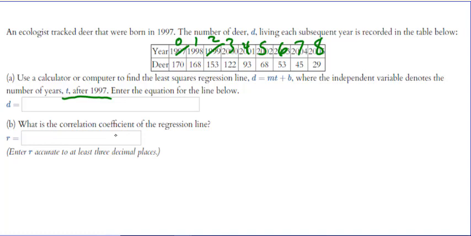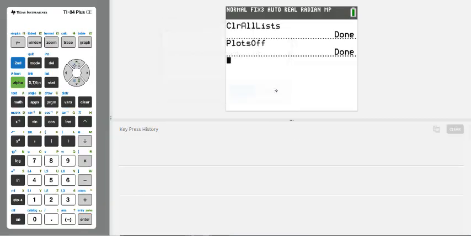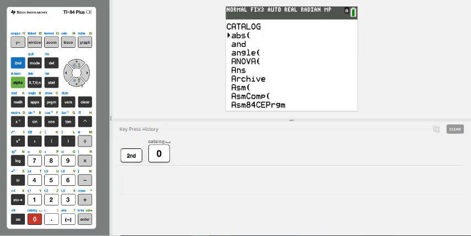So, first things first, before we type any of this in, let's show you how to turn on your regression diagnostics. Second, catalog, and you're just going to scroll down.